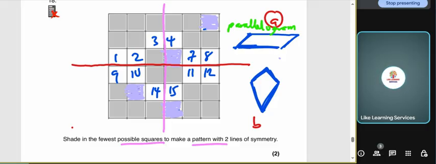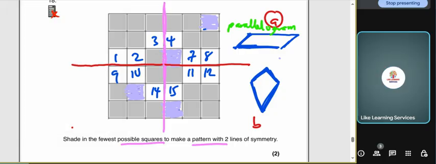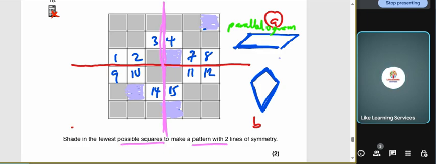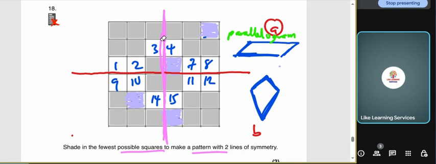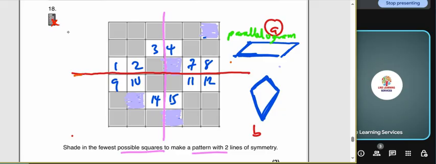For instance, if you fold this one along this pink line, it will lap. If you also fold it along the red line, it will lap. So for this parallelogram, where can you fold it and it will lap?